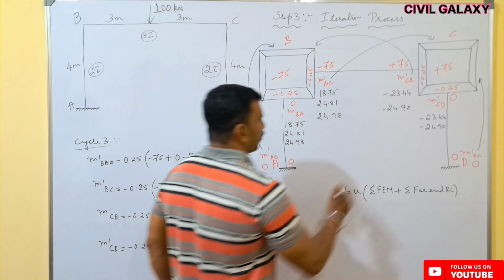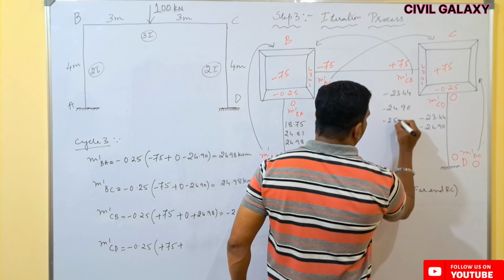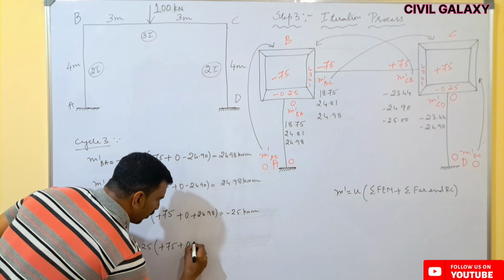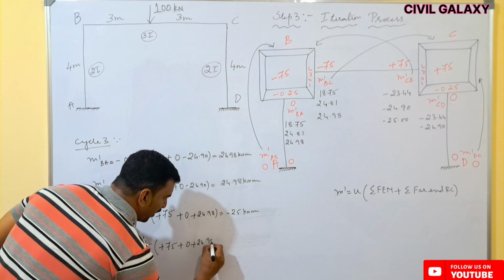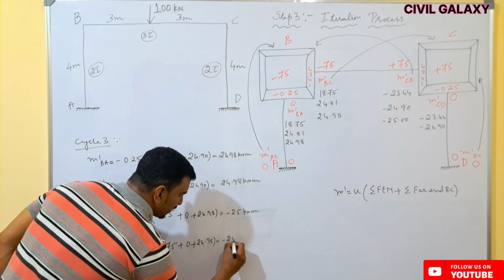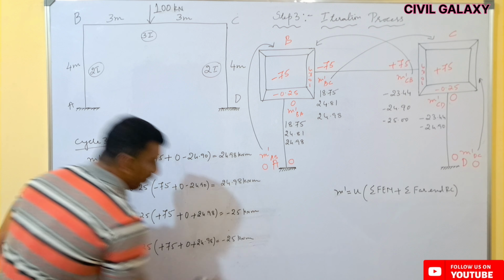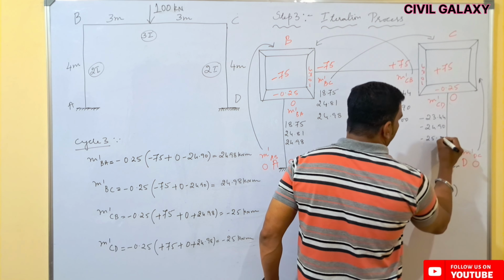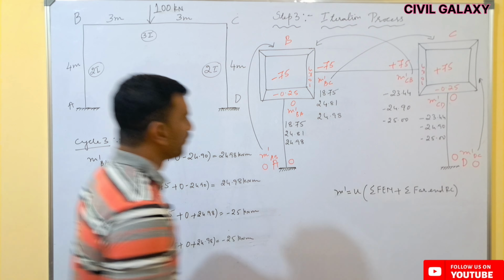So this value will be put over here, minus 25.00. So here it is plus 0 plus 24.98, which is equal to minus 25 kilonewton meters. So here again we shall write minus 25.00 kilonewton meters.